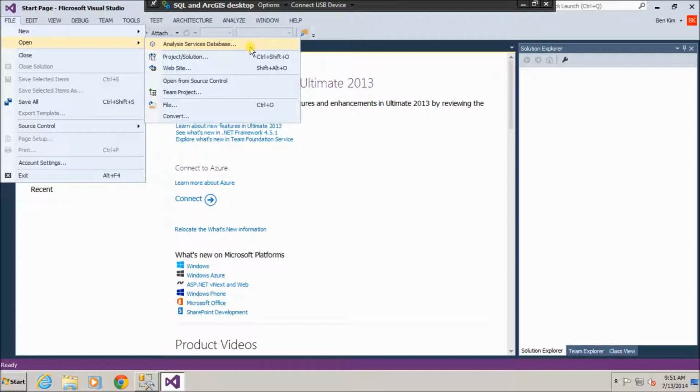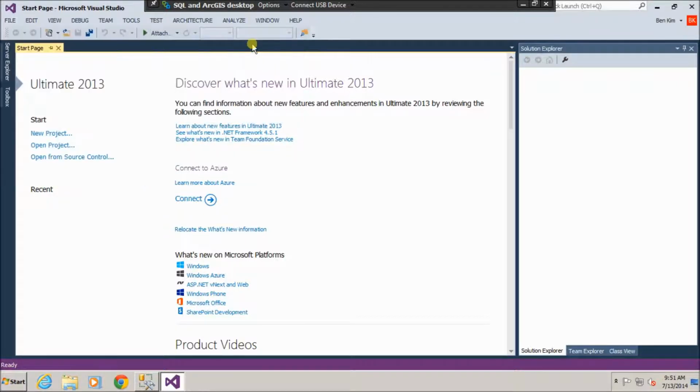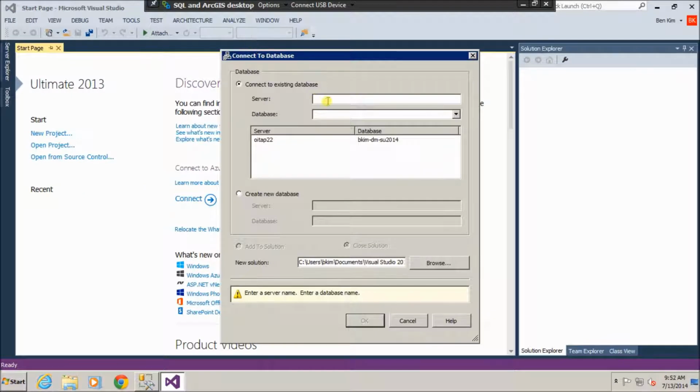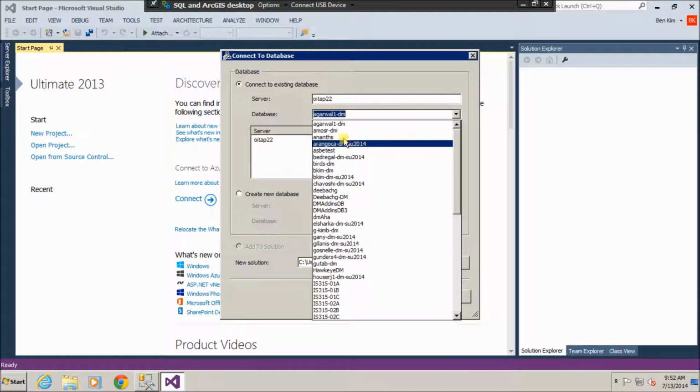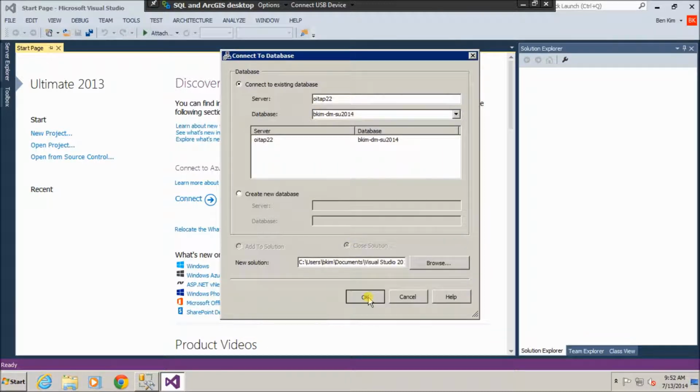This is exactly the same as we did in Bayesian classification last week. And the server, as you may remember, is OIT-AP22, and find your database. Do not choose somebody else's database. Choose your own. Mine is PKIM. And then okay.